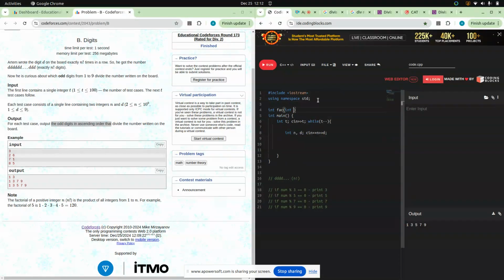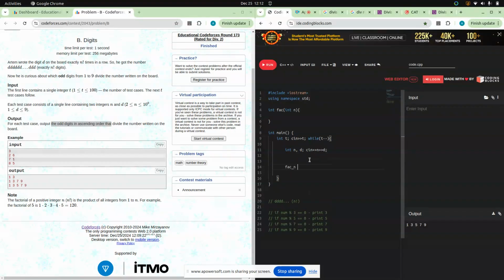I just want to tell you why this is not possible, and I hope you realize that. So fac n is equal to the factorial of n. Now what I will do is, while fac n minus minus, something like that. Let's create a num.